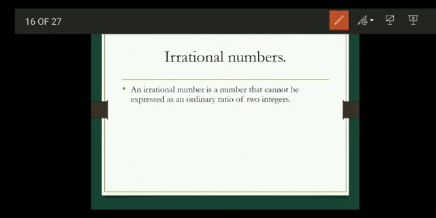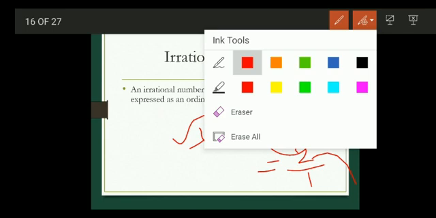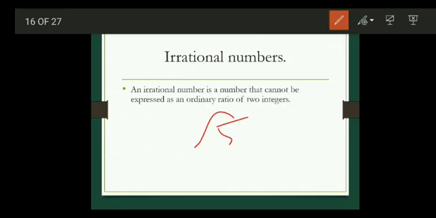Take root 4. Root 4 is equal to 2. Right. 2 can be written as 2 by 1. So here also root 4 can be written in the form p by q. But when you take root 5, you cannot write root 5 in the form of p by q. Even if you take root 5 by 1, root 5 is not an integer.